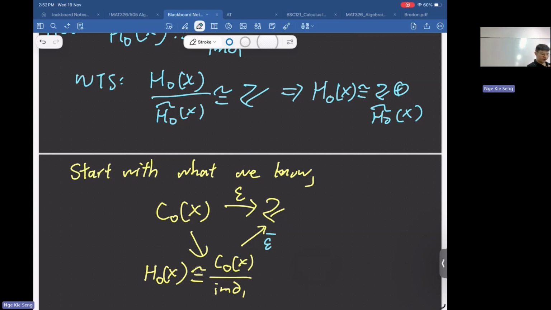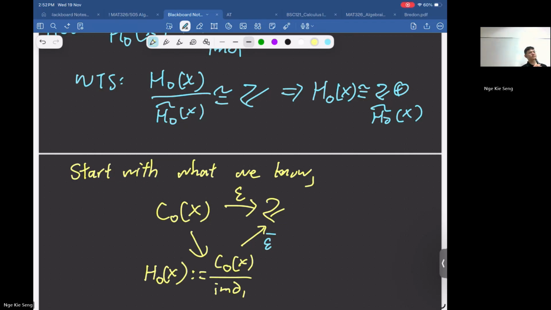Okay, if you don't like isomorphic, I put an equal sign. Then what should we do next? So h tilde naught is a further quotient.